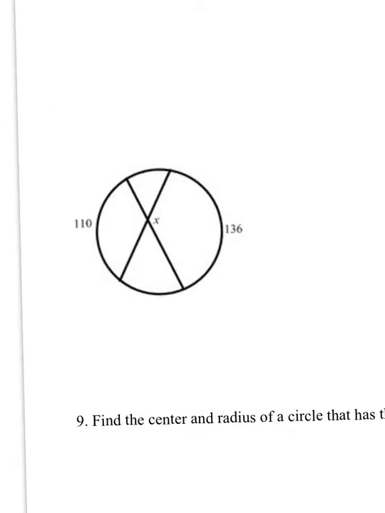On this circle, what you're going to need to know is that when you have an interior angle in the circle that's not the center, you're going to add the arcs and then divide by 2 to get x. So 136 plus 110, that's going to give me 246.